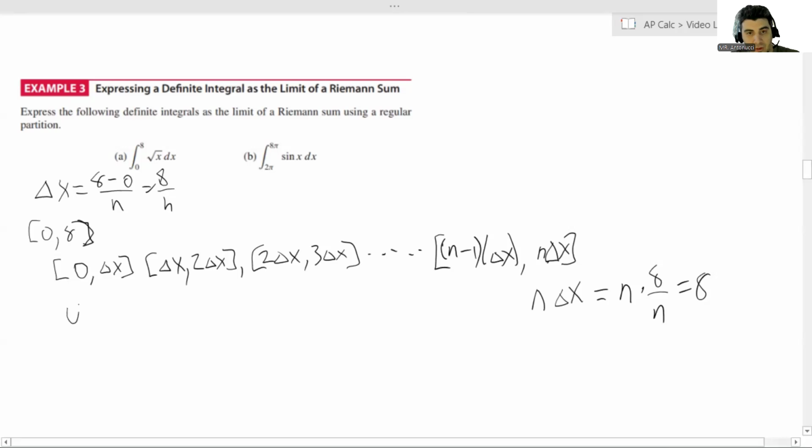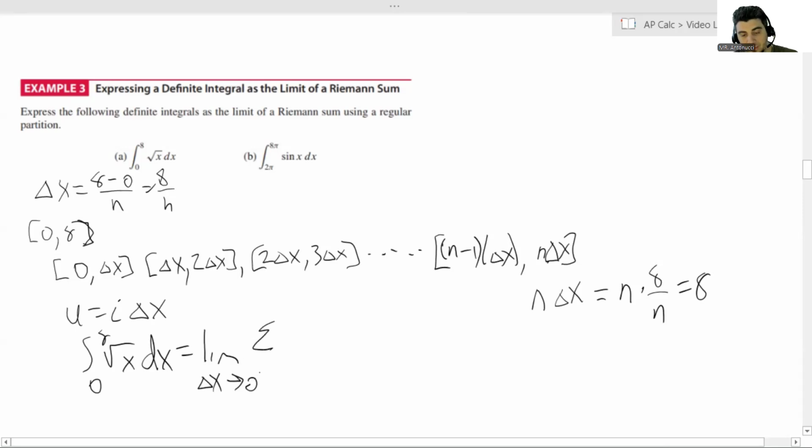So if I let u sub i equal i times delta x, then the integral from 0 to 8 of square root x dx becomes the limit as delta x approaches 0 of the sum i equals 1 to n of f of u sub i times delta x.